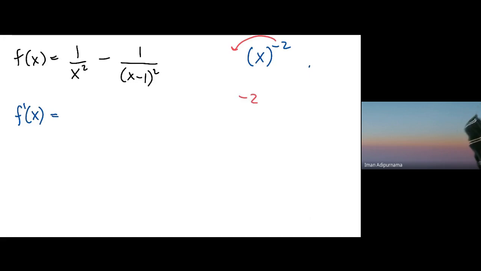And I prefer to have the function separated like this and then differentiate each part, instead of making one fraction and then doing the quotient rule, which may take a long calculation. So we can take the first derivative, starting with 1 over x squared. It becomes negative 2 over x cubed, right?